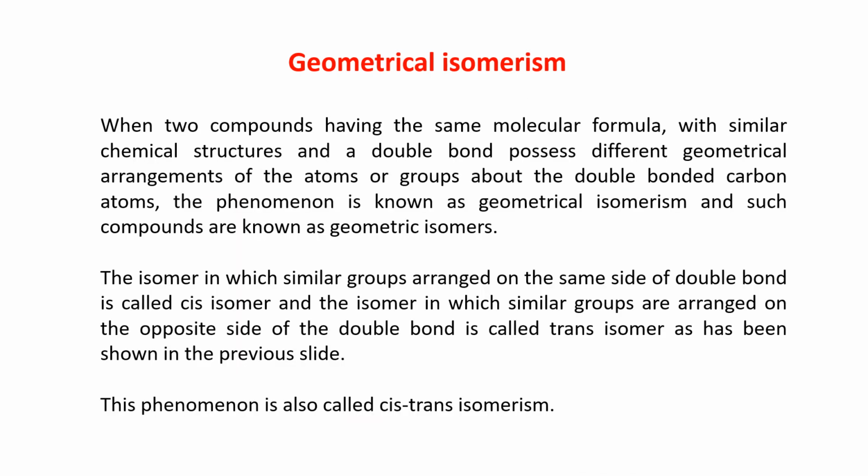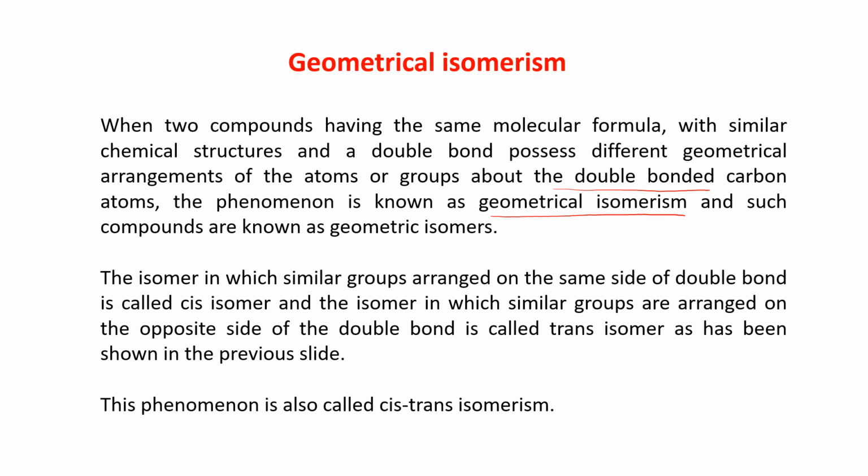When two compounds having the same molecular formula with similar chemical structures and a double bond possess different geometrical arrangement of the atoms or groups about the double bonded carbon atom, the phenomenon is known as geometrical isomerism, and such compounds are known as geometric isomers.